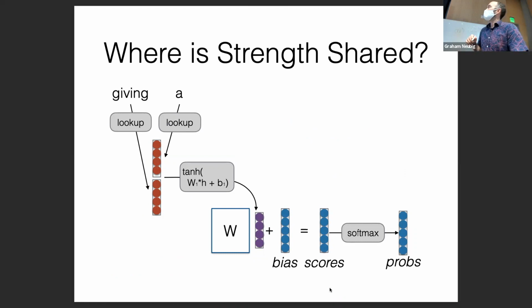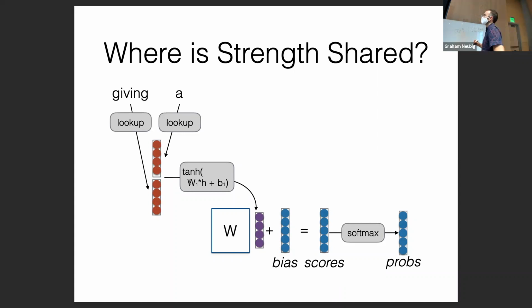So it solves 2 problems. The first problem it solves is that it allows us to extract combination features. And the way it can do something like this is that this embedding and this embedding, when they're run through this weight matrix here, can interact in various ways.